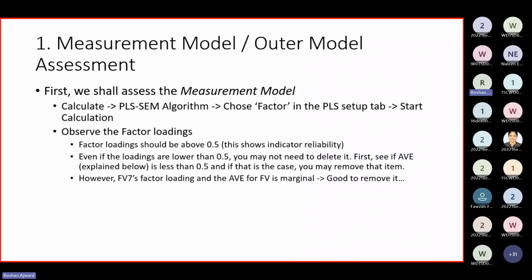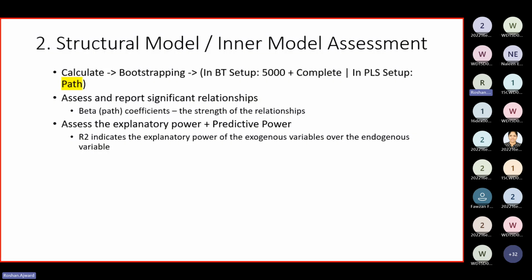Sorry, the measurement model is known as the outer model. So first of all, we are going to check the outer model or the measurement model. Then afterwards, we are going to check the inner model, which is called the structural model. So that's step number 2. You can see structural model.